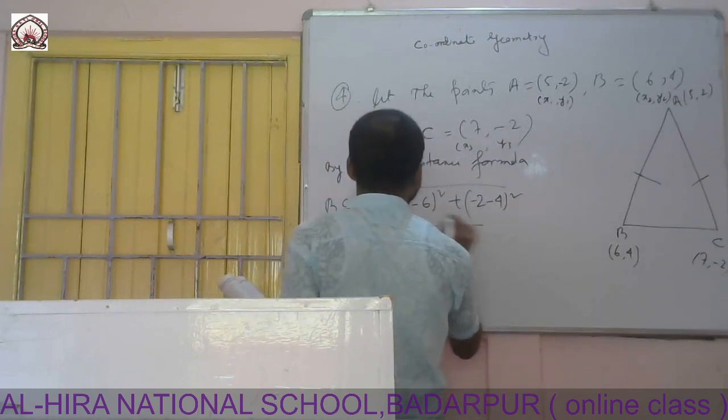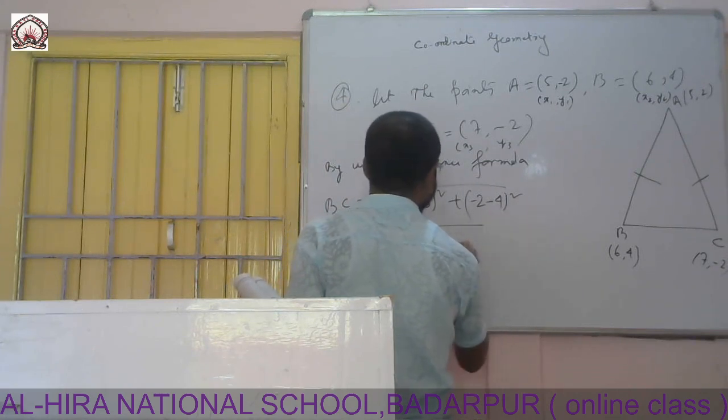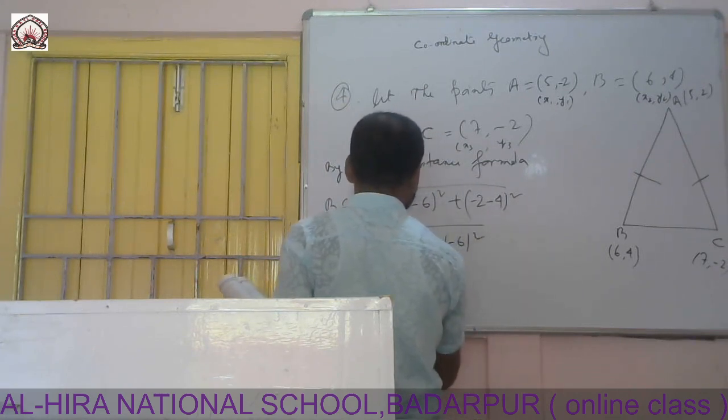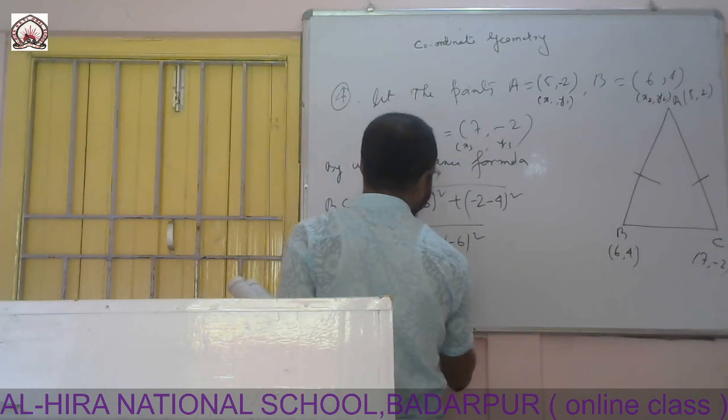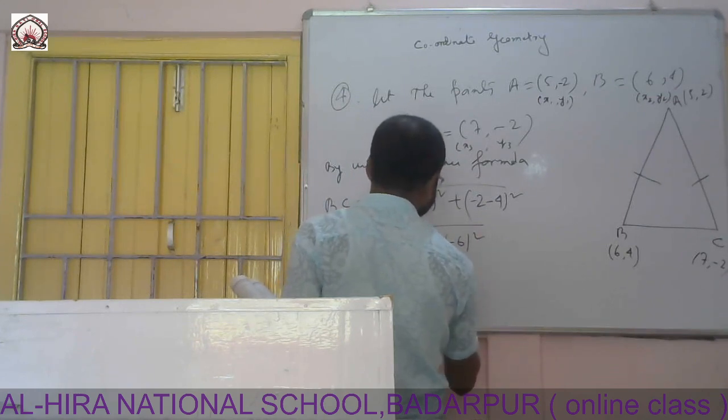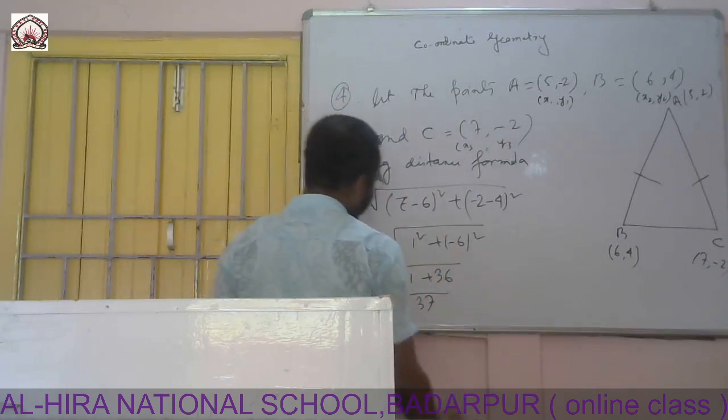So this will be 7 minus 6, 1 square, and minus 2 minus 4 is minus 6 whole square. So it is again 1 square, and this minus 6 square is 36, then 1 square is 1 and 36, this is 37. So we are getting AB is equal to BC.